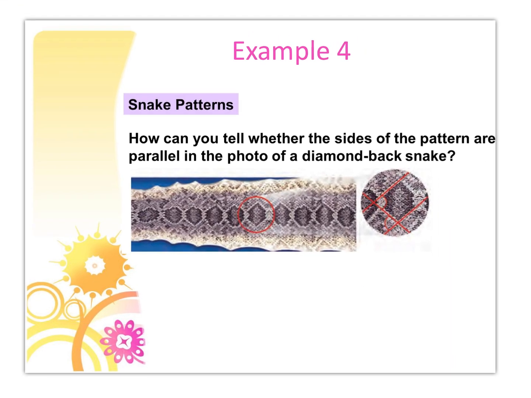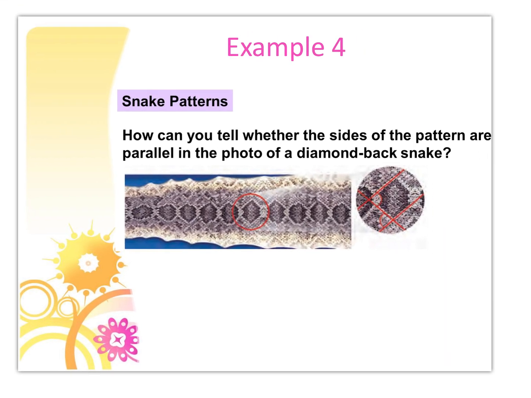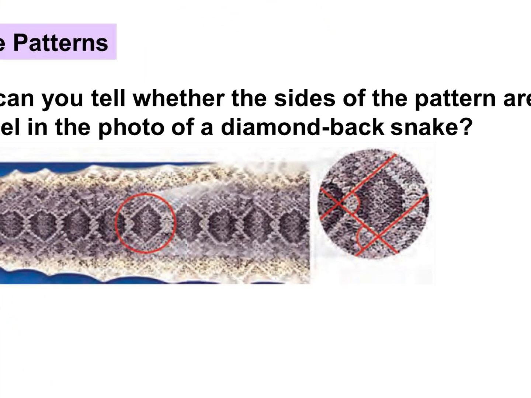And lastly here, there's a question with a real world application. It says snake patterns. How can you tell whether the sides of the pattern are parallel in the photo of a diamondback snake? Well, again, it's very hard to see in that first picture, but if you notice in the second, they drew this red line here. I'm going to extend it out. They drew this other red line here, and they cut it by a transversal here.